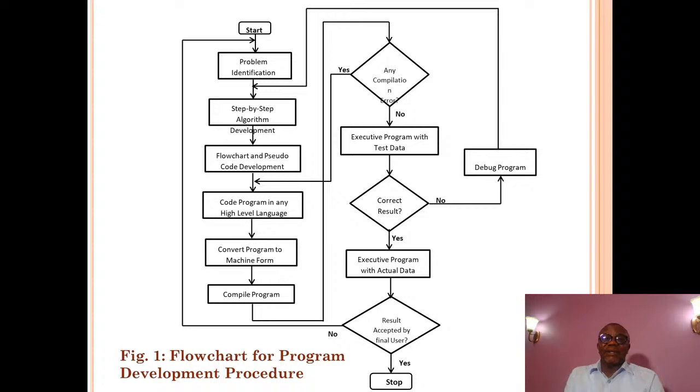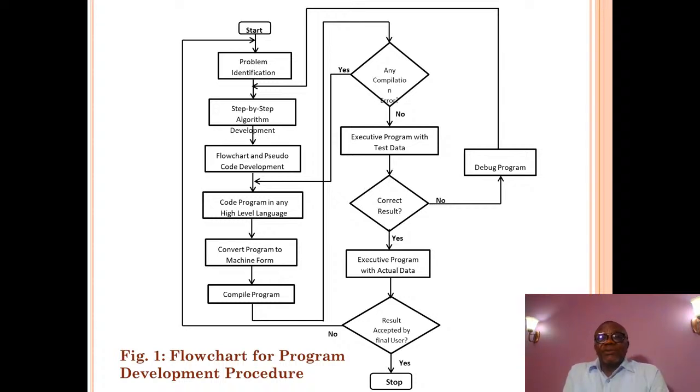You go back to code again. So you say, any compilation error, yes. You see the line going back to where you recode your program in any high-level language and continue to come back to the decision box.